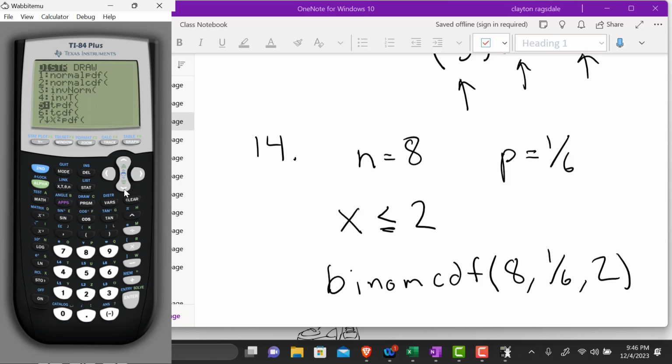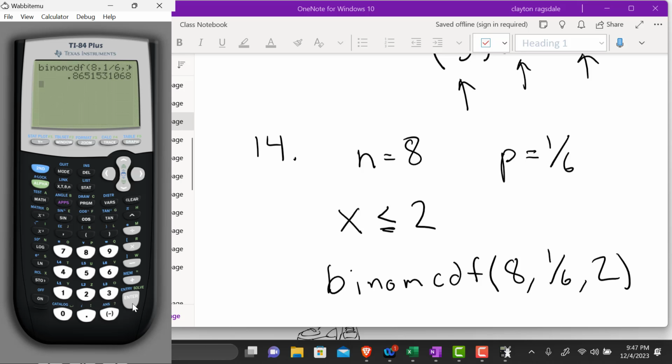Apparently I can't click very quickly. Almost there. Binom CDF. We have 8 trials. We have a p-value of 1/6. Oh, it doesn't let me do that. And it has an x value of 2.